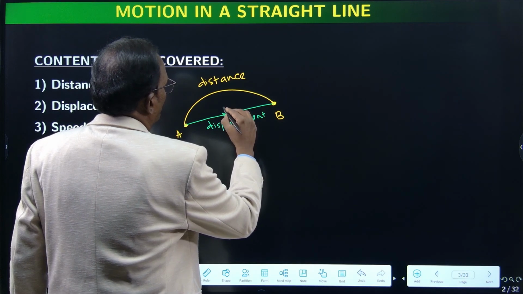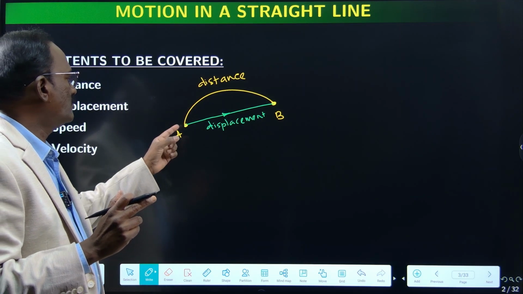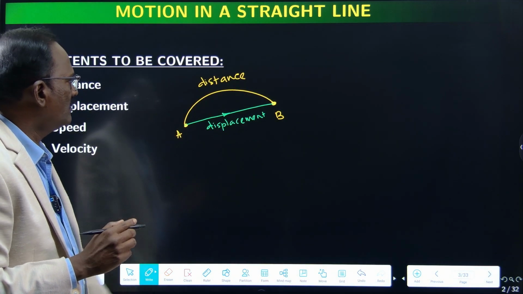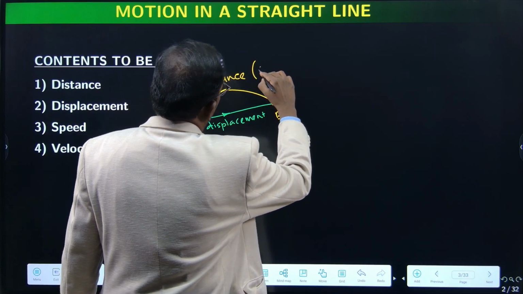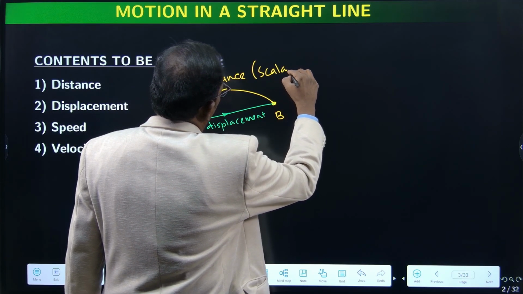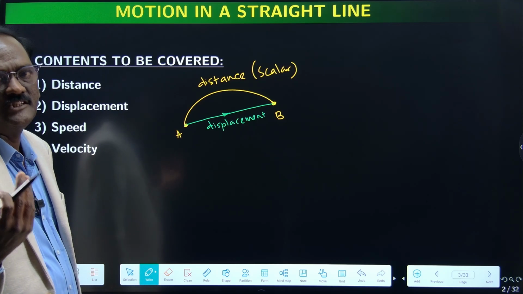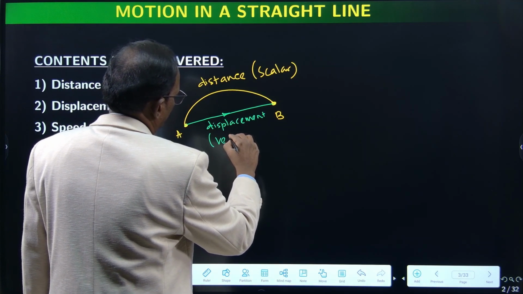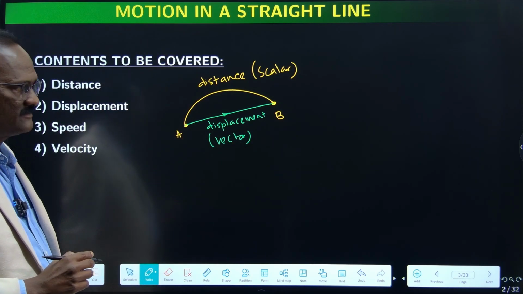So, the arrow is important for displacement. It is moving from A to B, the object, right? So, distance is a scalar because here no direction is important, whereas displacement is a vector. Here direction is important.